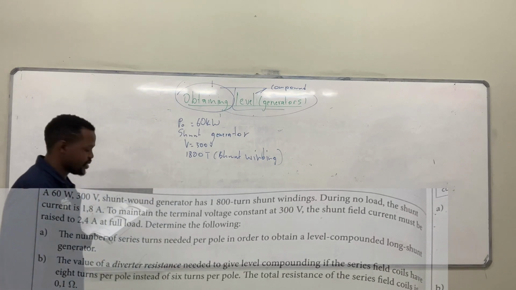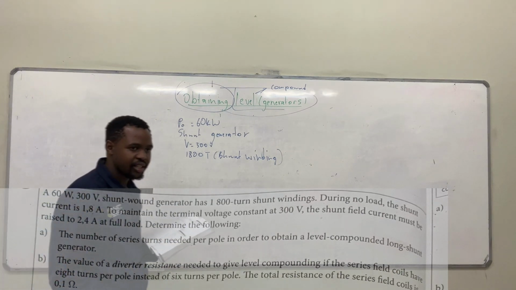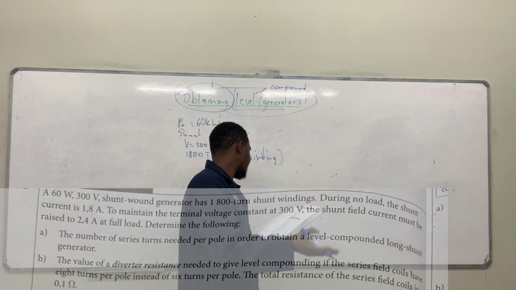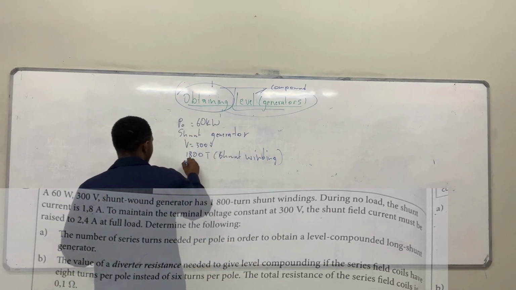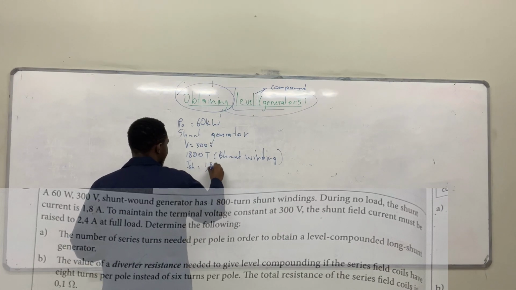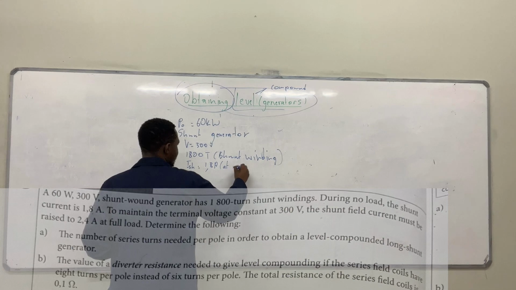Then they say during no load, the shunt current is what? I shunt equals 1.8 amps at no load.